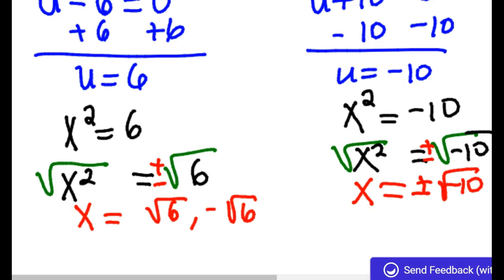We can't find a perfect square that will go into 10, so we're going to leave it, but remember that the square root of negative 1 is i. So we bring out an i from underneath the radical sign to get rid of the negative in front of that 10. X would equal a positive i square root of 10 or negative i square root of 10.